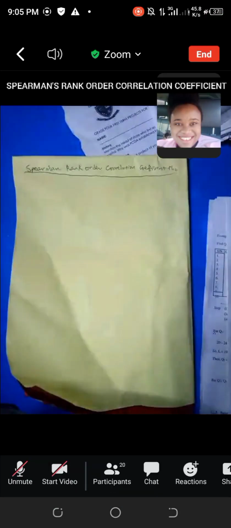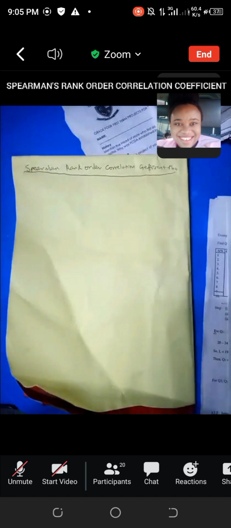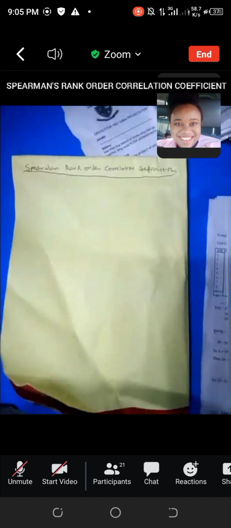So this one is easier than the first one. It looks a little complicated, but it's more straightforward. This one just has to do with ranking. All you have to do is they will still give you your normal X and Y variables.